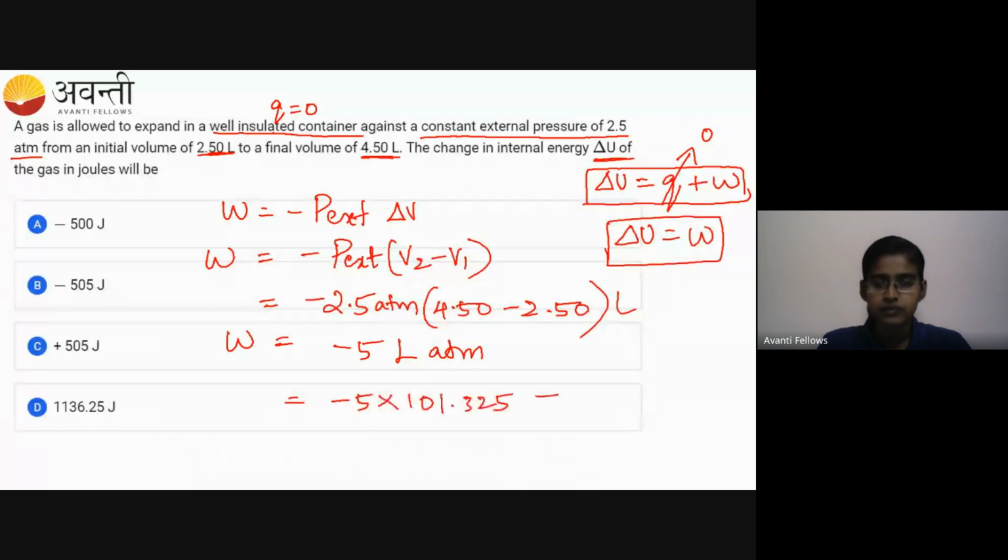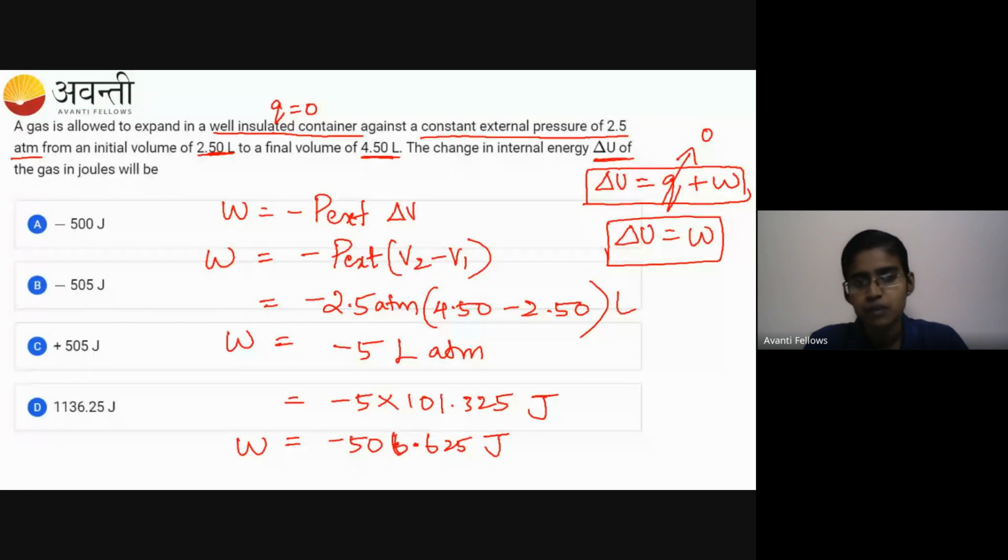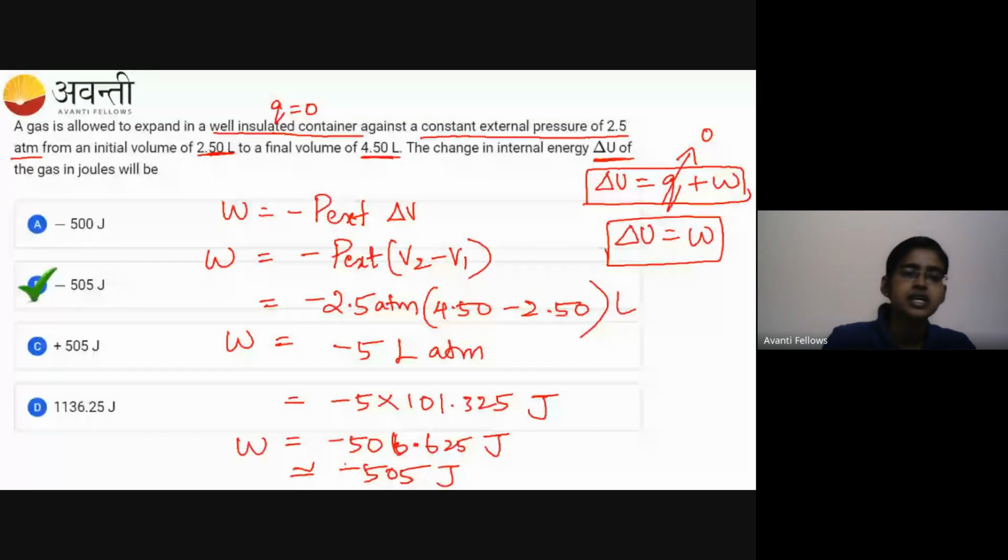So it is going to be minus 506.625 joule. But the approximate answer is option B. We can approximate this to minus 505 joule, in which option B is the correct answer. It is the more appropriate answer.